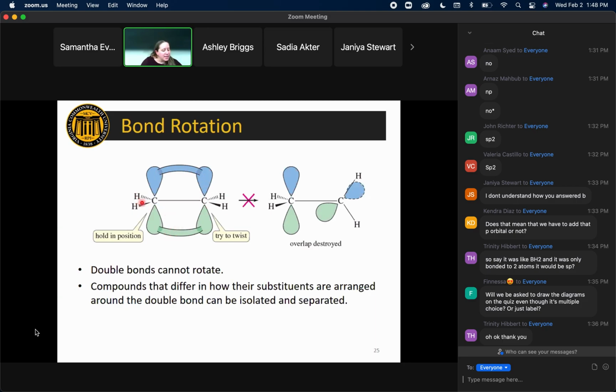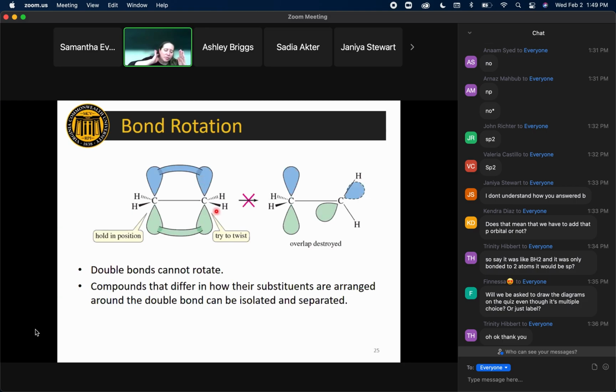If we were to try to take our ethylene with its double bond, hold one side still, and twist the other side, we cannot do that. Double bonds cannot rotate freely the way that sigma bonds can, which means that double bonds cannot rotate freely, but single bonds can.